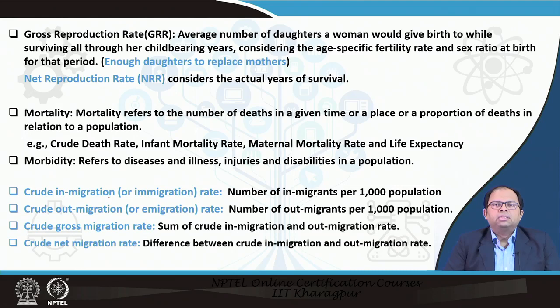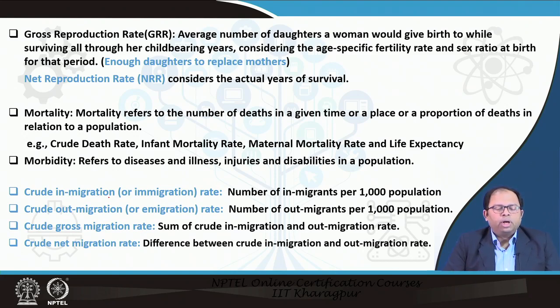This is a measure to determine if the society, or that particular population, is having enough daughters so that future population growth is ensured. So that is gross reproduction rate, and here again we consider that the woman goes through the entire childbearing years and survives during this entire period.